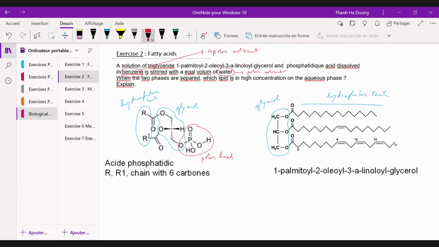They are dissolved in benzene and shaken with an equal volume of water. So we try to extract these molecules with water from the benzene. When the two phases are separated, which lipid is in high concentration in the aqueous phase? Explain. Which molecules stay in benzene and which molecules will go to the water?